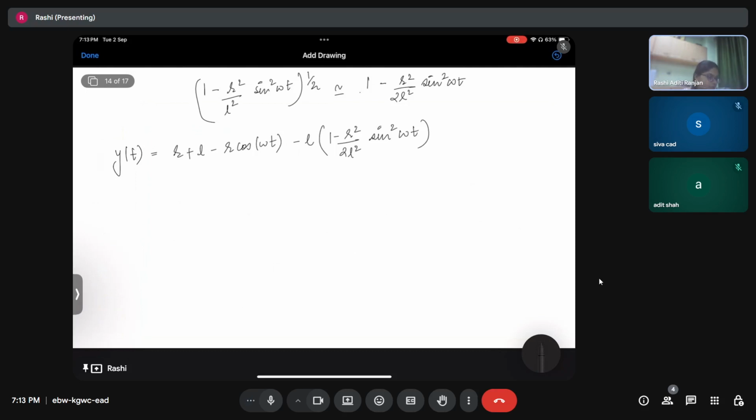This can be further written if you want to eliminate the square term, because we want it in terms of the harmonics. Now, we know there is a relation by which we can replace sine square of omega t in terms of cos twice omega t. So we'll use that relation, and then we are going to get what? R plus L.